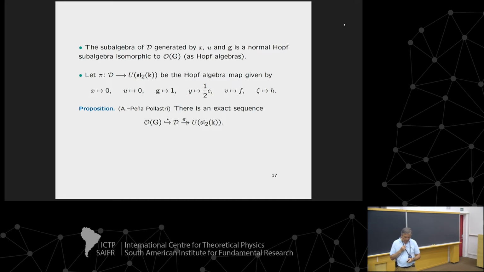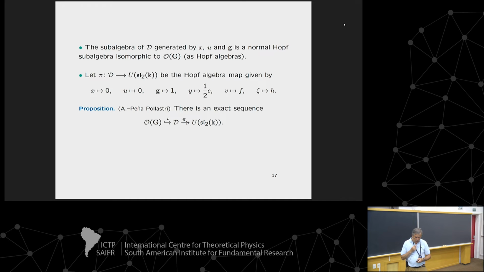Then, parallel to what I said before, we can prove that, first, the subalgebra of D, the so-called Drinfeld double of the Jordan plane, not finite, the real Jordan plane, generated as before by x, u, and g, is a normal Hopf subalgebra, isomorphic to O of G. G was the group introduced in the previous slides, and this isomorphism is as Hopf algebras.